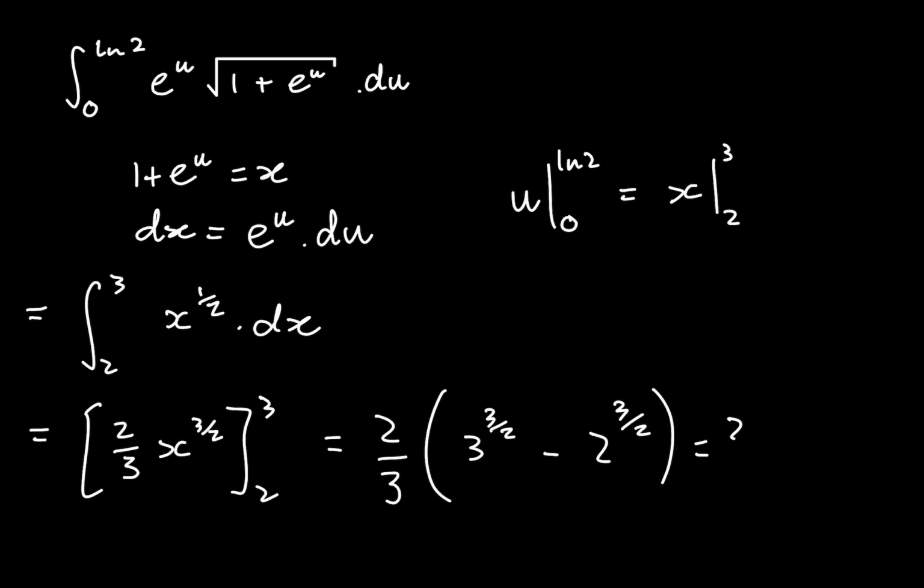So we have 2 over 3 into 3 root 3, and then 2 to the power of 3 is 8, and then now we have to square root 8, which we know to be 2 root 2. The same way that we did it for the 3 root 3. And so now distributing this 2 over 3, we get 2 root 3 minus 4 root 2 over 3.